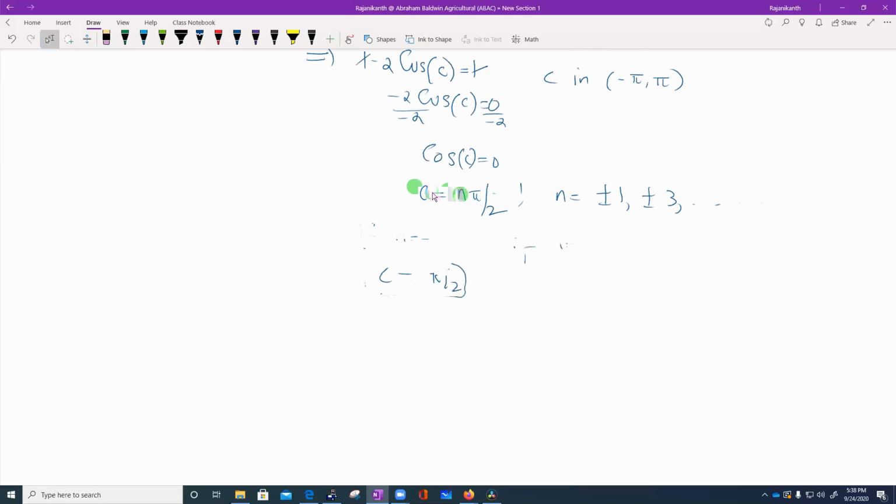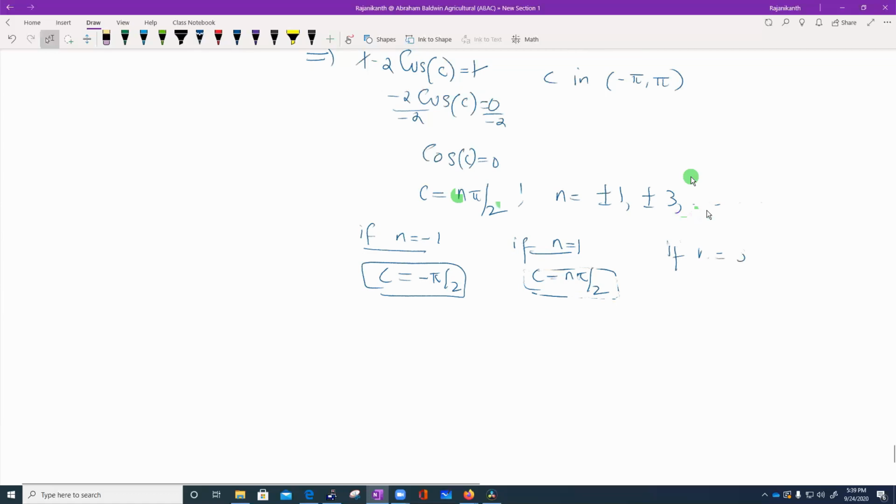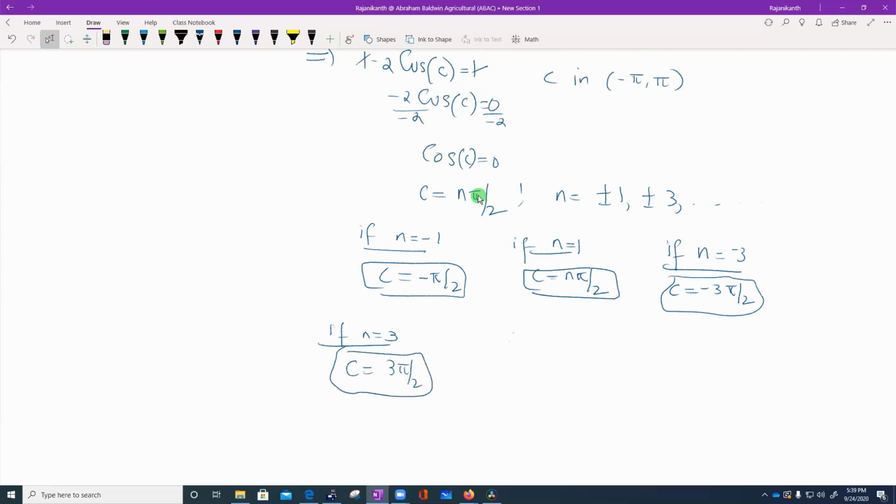If n is 1, c is pi over 2. If n is negative 3, c is negative 3 pi over 2. If n is 3, c is positive 3 pi over 2. If n is negative 5, c is negative 5 pi over 2.